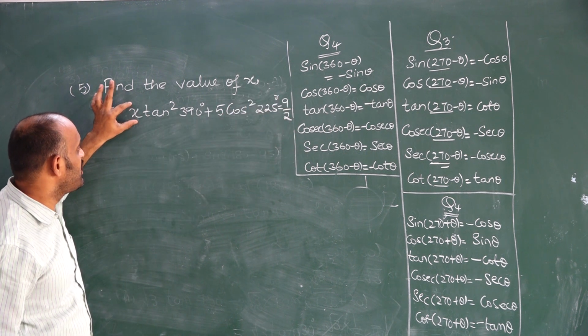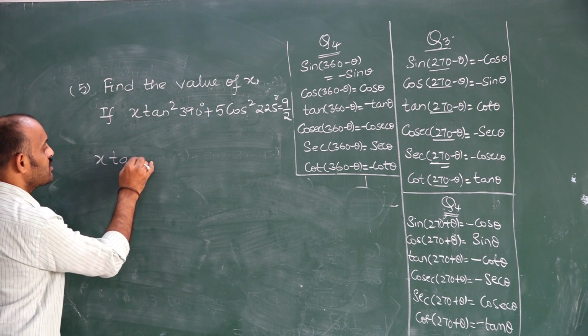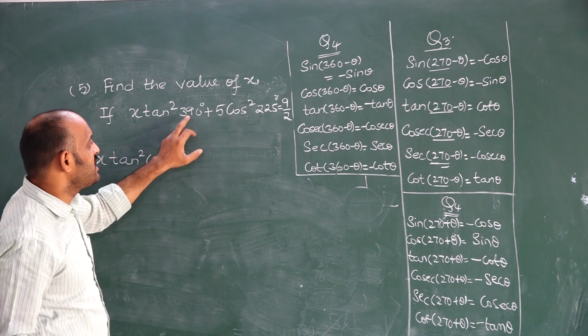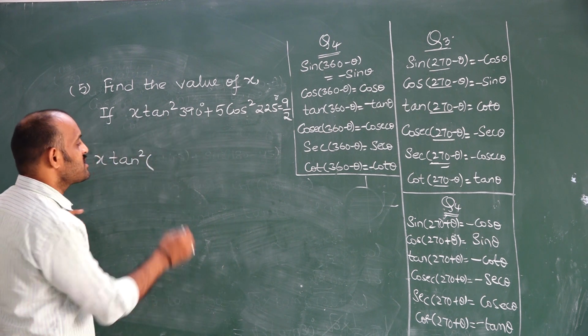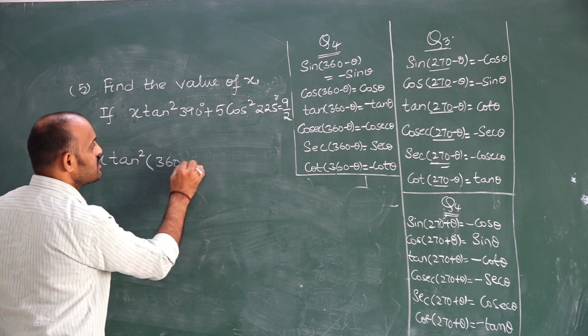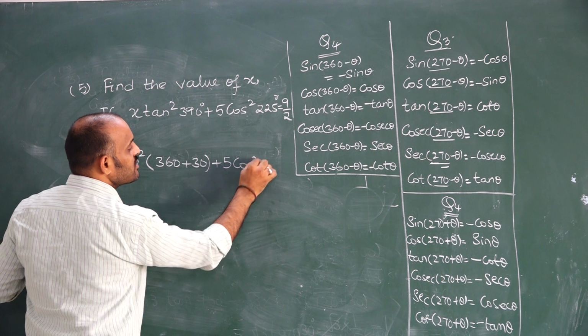He is asking to find the value of x. X into tan square. What is the nearest quadrant angle to 390 degrees? 360. So 360 plus 30.